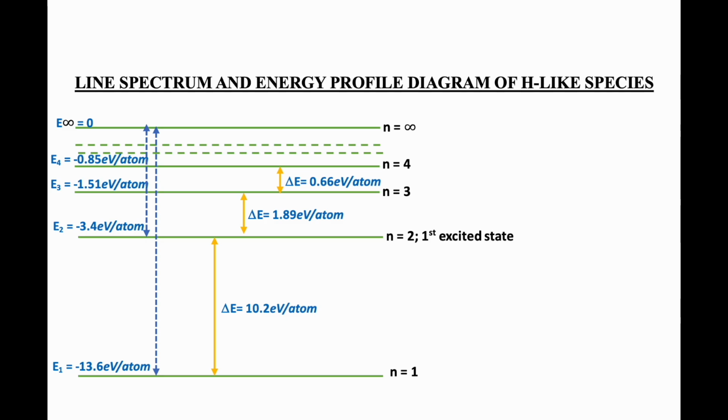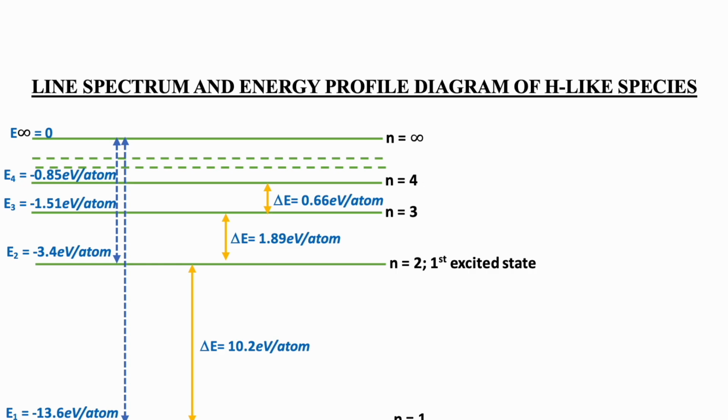The second piece of information that we gather from this diagram is the energy gap between two consecutive orbitals. You can see that the energy gap between n is equal to 1 and n is equal to 2, that is the first and second orbital, is 10.2 electron volts per atom. That means this amount of energy will be required for an electron to move from n is equal to 1 to the second orbital and vice versa.